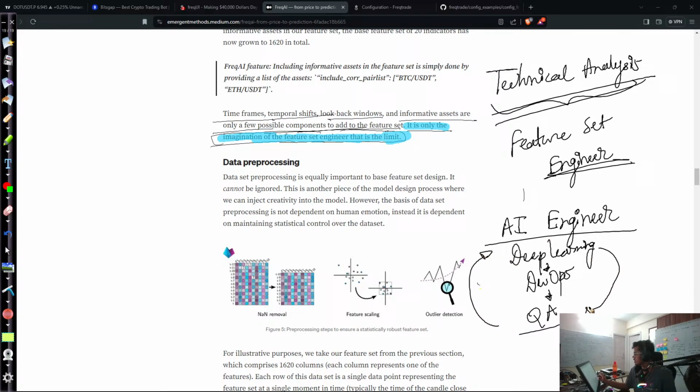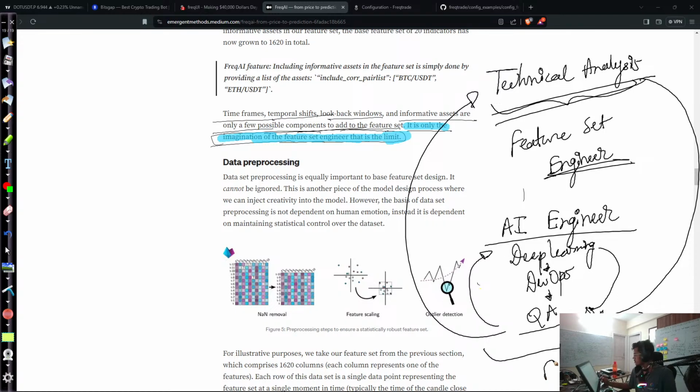And when you expand it to this, then you have your FreqAI, that actually does most of the work and lets us focus on only this one, and we don't have to worry much about deep learning, DevOps, QA, just technical analysis. Okay, so that's the good part of FreqAI. That's why I like FreqAI a lot. It's a really good tool to build machine learning trading algorithms.